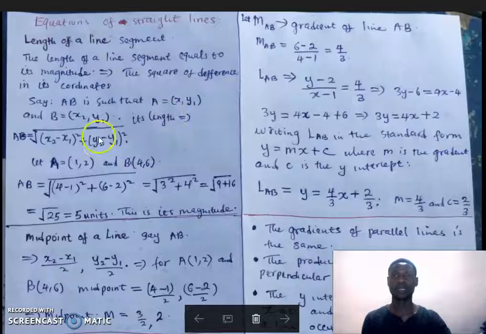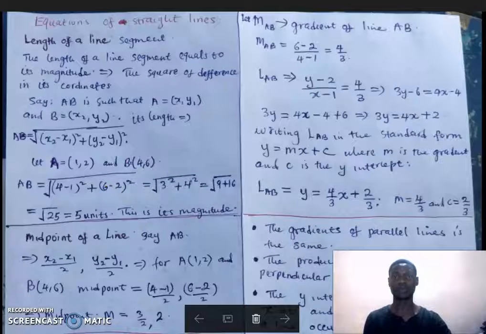So after that, when we substitute, say, the points A equals 1, 2 and B equals 4, 6, then the length of that line segment will be equal to 4 minus 1, where 4 is x2 and 1 is x1, squared, added to 6 minus 2, squared.